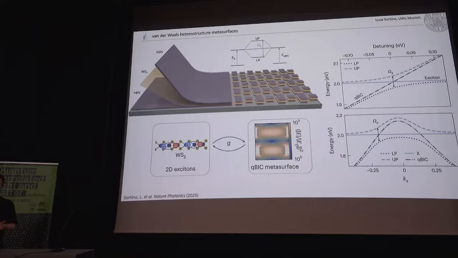Now to get to the core of this talk, I wanted to show you how we can start to think to use these HBN metasurfaces as a cavity, so nothing else.